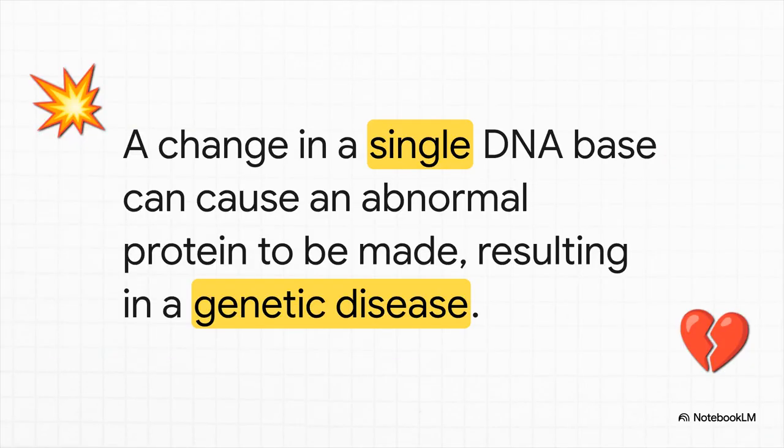Just let that sink in for a second. A single incorrect letter in a genetic code that is 3 billion letters long, and the result is a painful, life-altering disease. This shows you, in the most powerful way possible, just how absolutely critical the accuracy of this entire DNA to protein process really is.